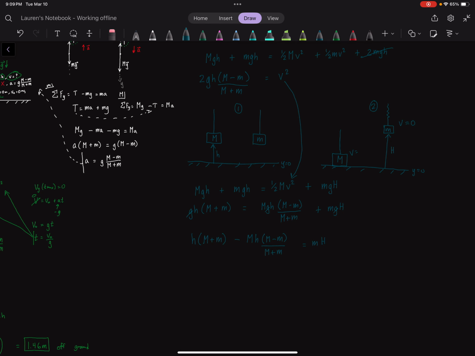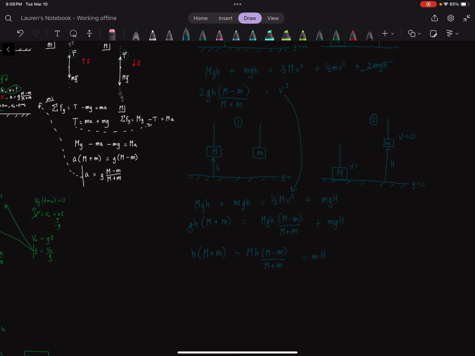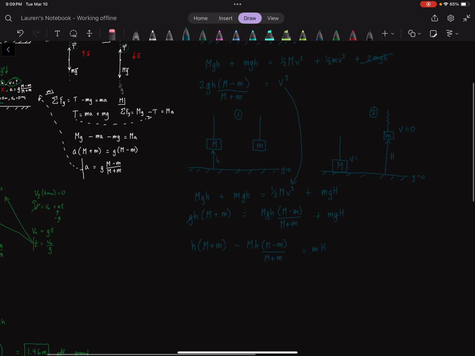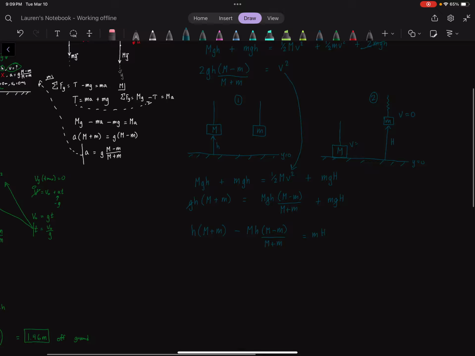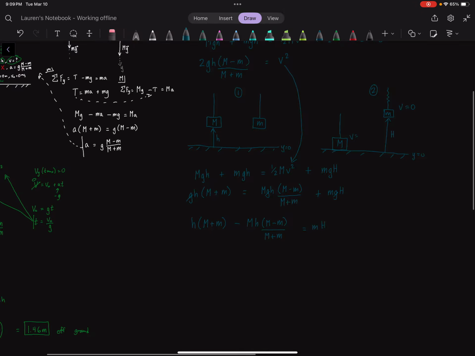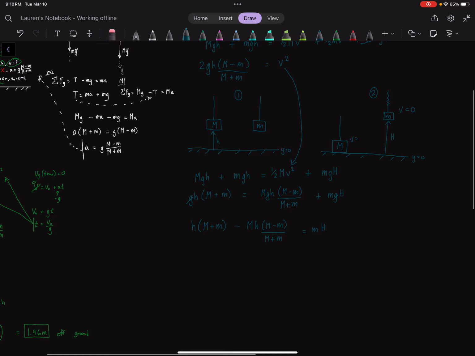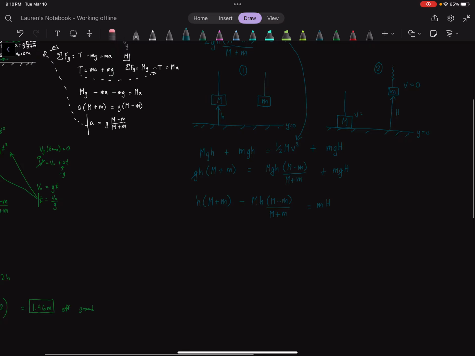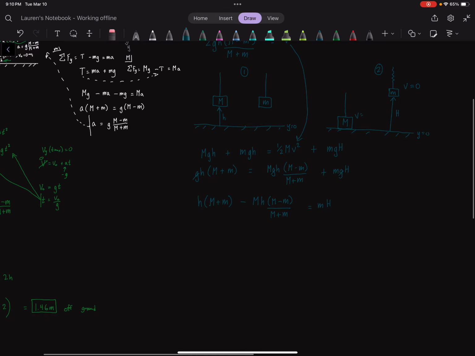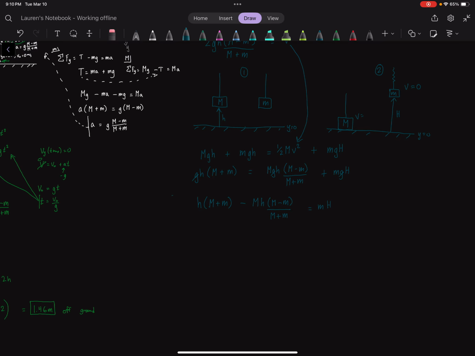All right. Let's see. So now let's get a common denominator. Yeah, let's get a common denominator here. So we'll multiply the first term by big M plus little m over big M plus little m, right?